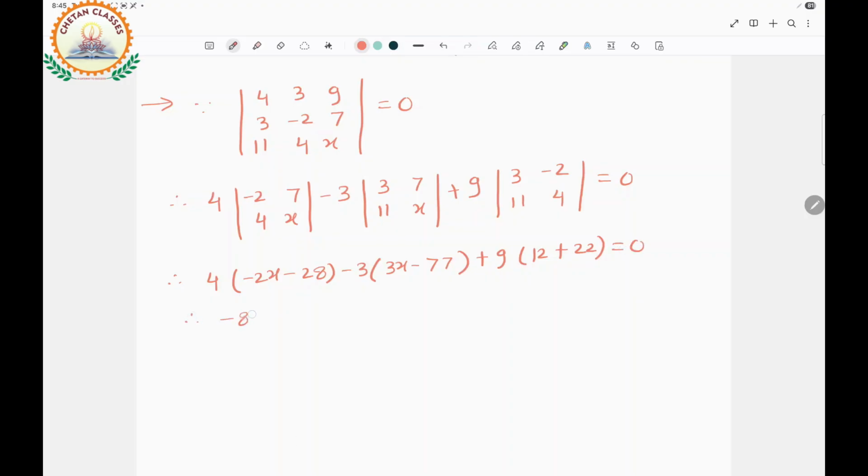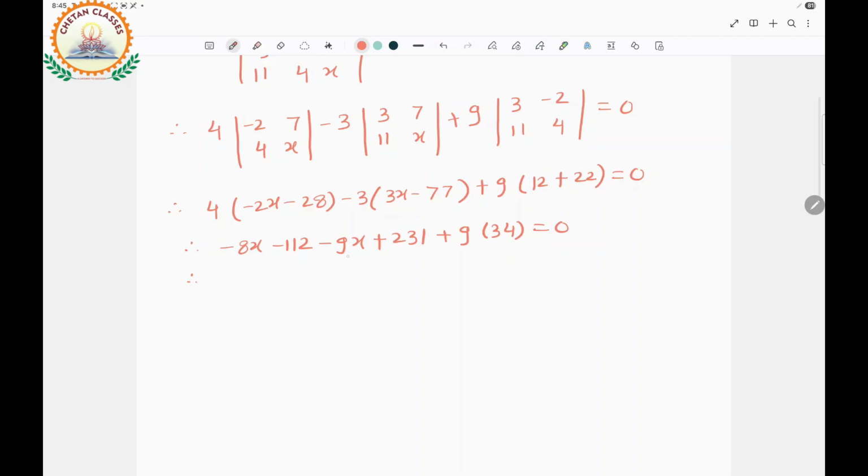So therefore minus 8x minus 112 minus 9x plus 231 plus 9 into 34 is equal to 0. So minus 8x minus 9x, that is minus 17x.